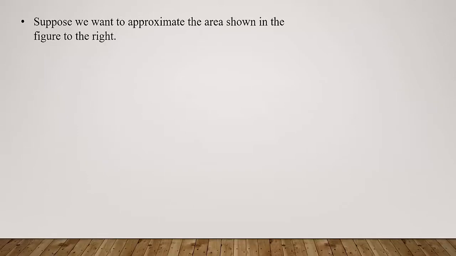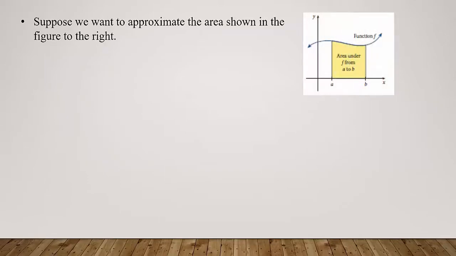Okay, now let's say we want to approximate the area shown in the figure to the right. So here's the figure, and we want to approximate the area that's under the graph of function f between the vertical lines x equals a and x equals b, and it's above the x-axis. That's the region that is shaded.